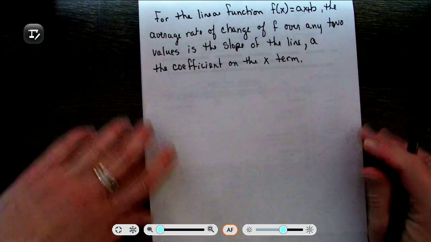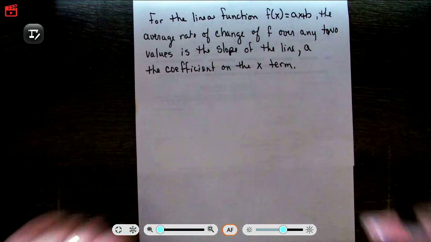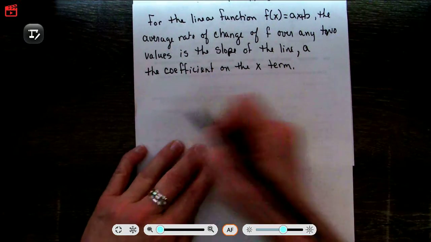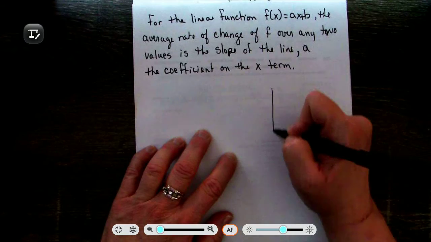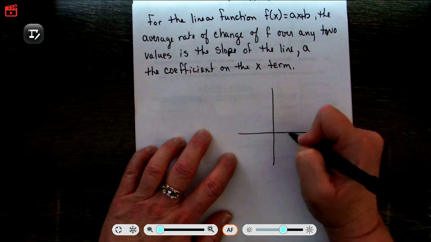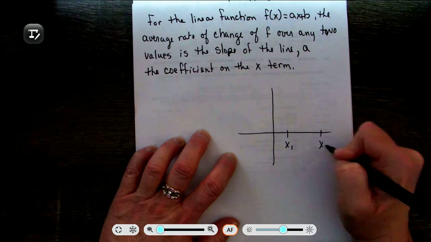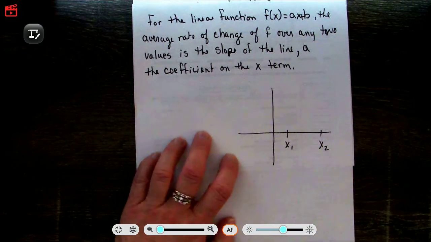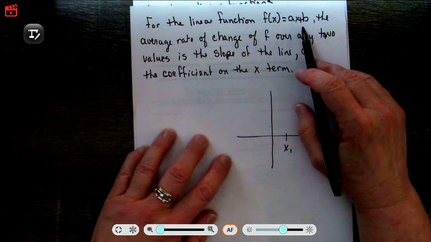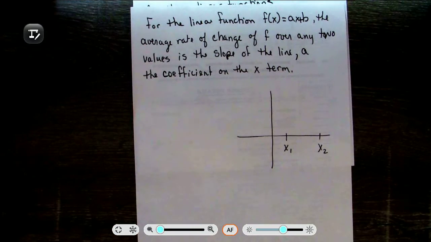But what I'm going to do is actually just use a picture. I want you to think about the average rate of change. So here's a point, I'm going to call it x1. And here's another point, x2. And we have a linear function between these two points, which means we have a straight line with a slope equal to a.